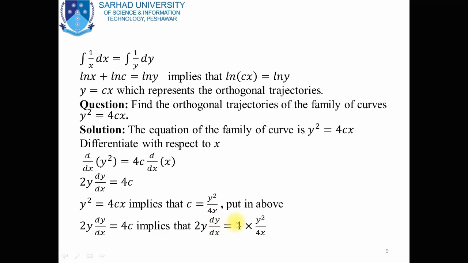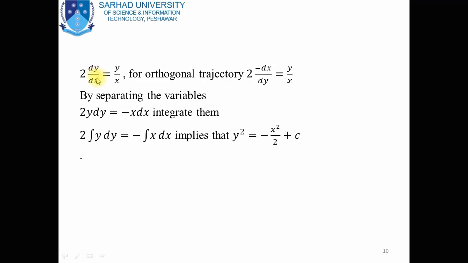But first of all, simplify this differential equation, as I have already told you that the 4 cancels, and dividing both sides by y, we obtain 2 dy by dx is equal to y by x. This is the differential equation of the given family of curves.